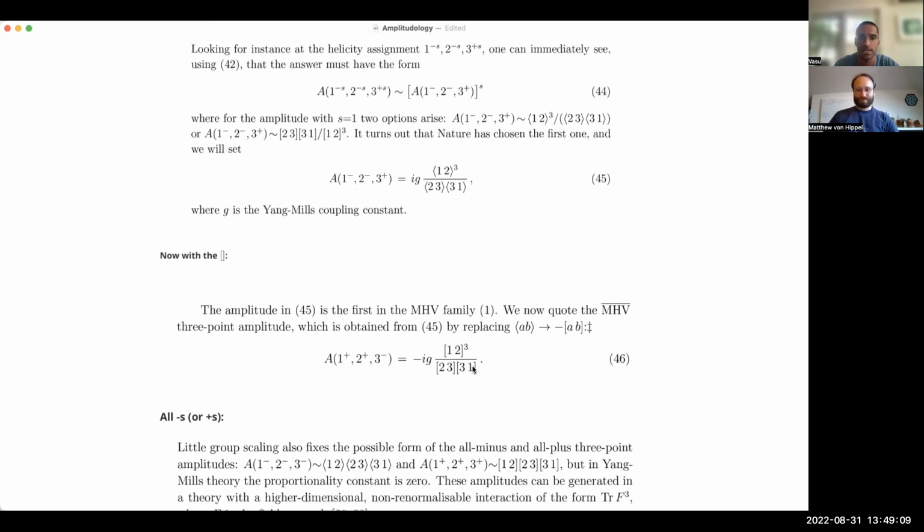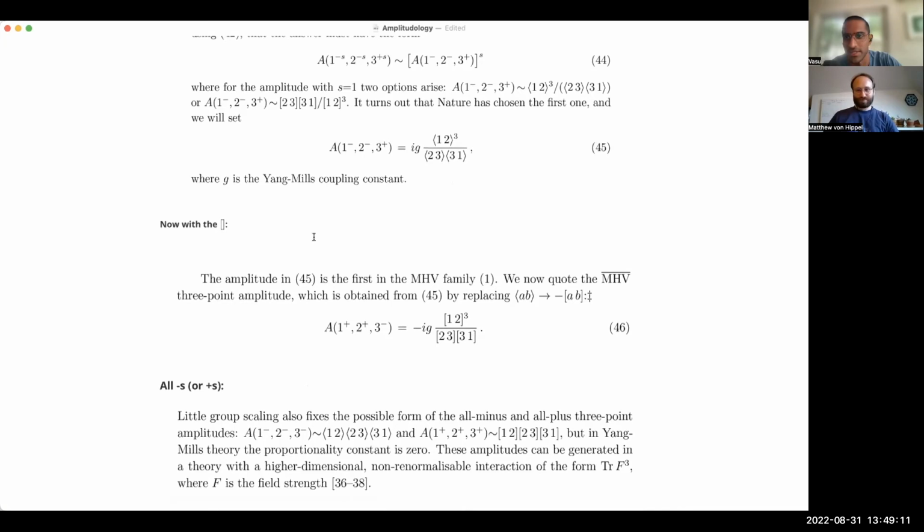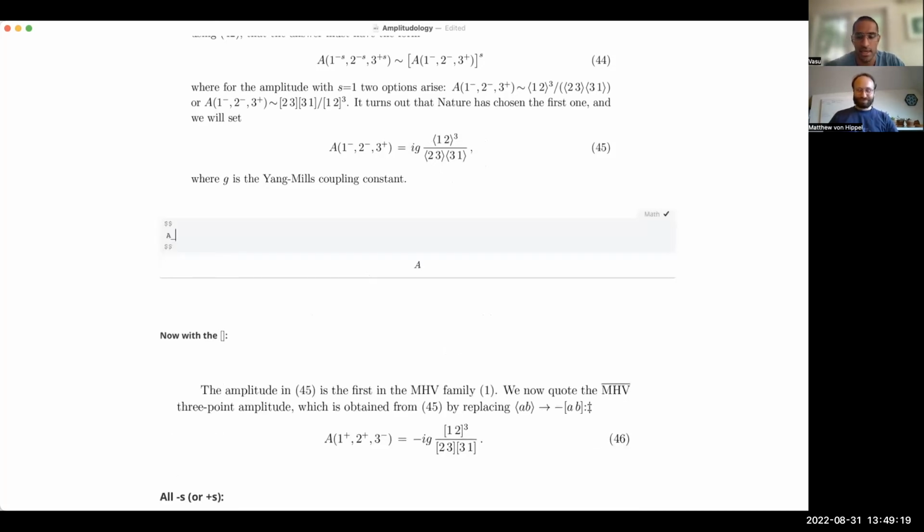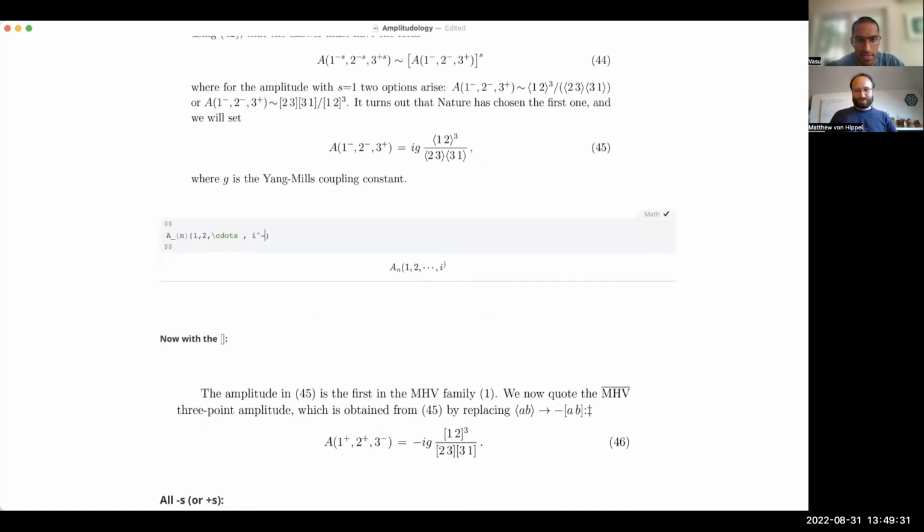And maybe we can write it down at this point, because I think we have enough intuition here as to what it would look like if we just extended this to, I don't know, n. Any n, where you have stuff 1, 2, whatever, and then you had i minus.